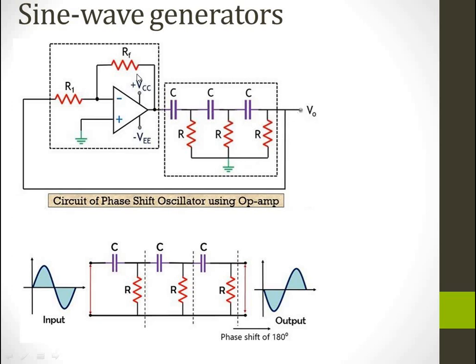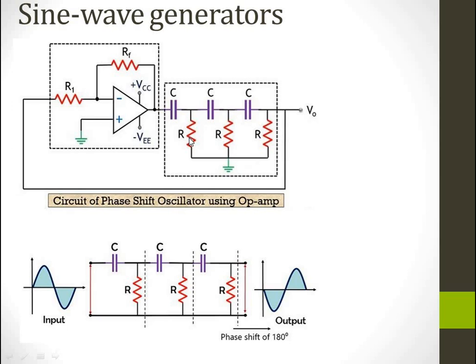Right. So in the RC phase shift oscillator, the amplifier stage is in inverting mode. Since it is in inverting mode, the phase shift of the amplifier is 180 degree. So what is the condition for any oscillator? The total phase shift should be 0 degree or 360 degree. Since the inverting mode of the amplifier produces 180 degree, the remaining 180 degree we are going to achieve by the three stages of RC network.